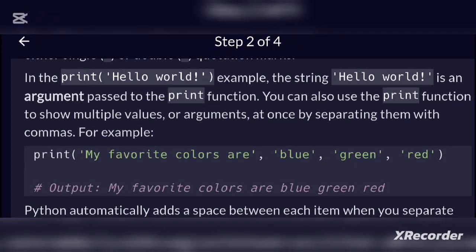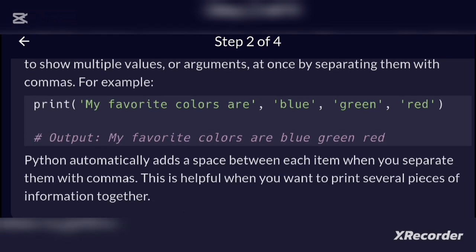print, my favorite colors are blue, green, red. They are all separated by commas. So if you input print, my favorite colors are blue, green and red, separated by commas, your output is going to be my favorite colors are blue, green, red.